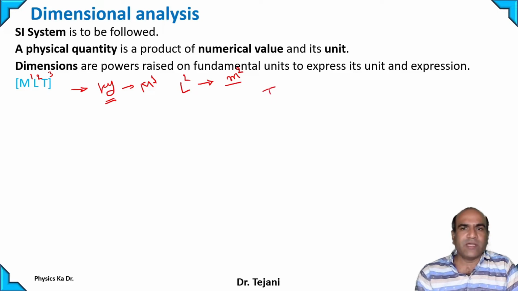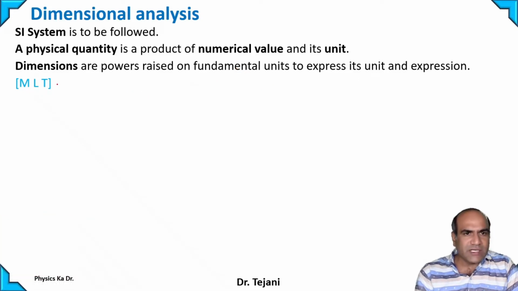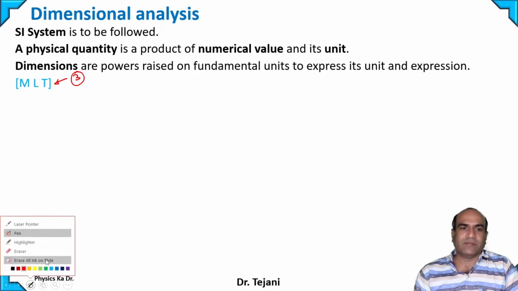And T is used for time, so it gives second power 3. So this is the method, using square brackets on the fundamental units, we can show it, right? Majorly we use the first 3 fundamental units only out of a total of 7.